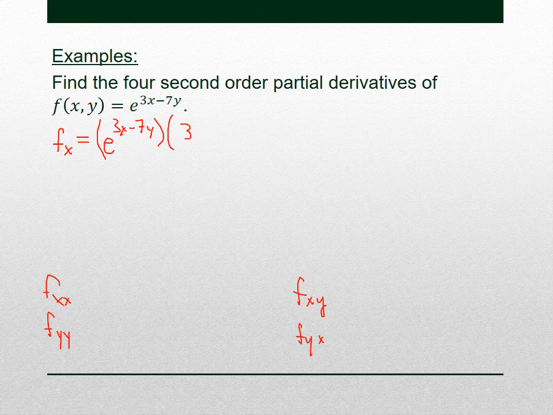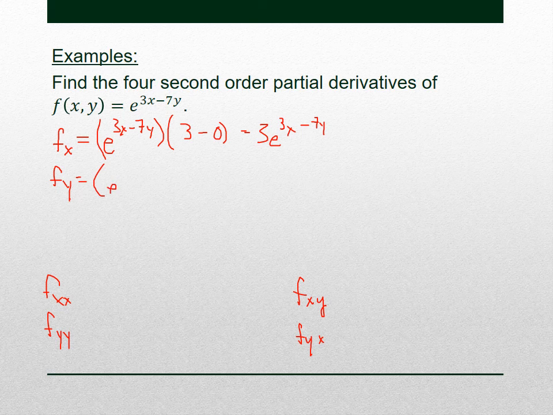So the partial derivative of 3x with respect to x, out pops a 3. And the minus 7y would be minus 0. 7y we would treat as a constant. And so that's just 3e to the 3x minus 7y. That doesn't look like a 3 at all. Let's try that again. 3x minus 7y.